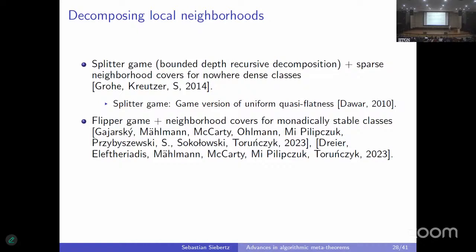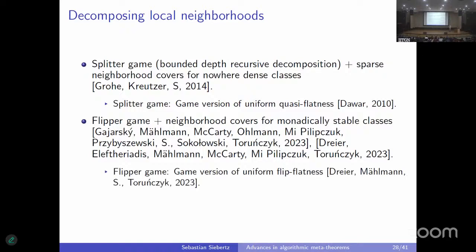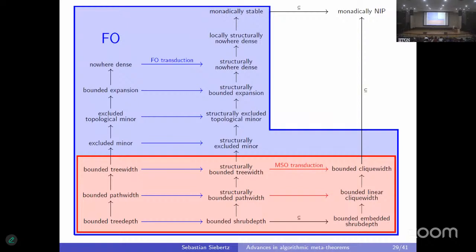And again, if you want a proper definition, the flipper game is in the form of flip-flatness, the analog of this. So we go monadically all the way up to monadically stable classes.